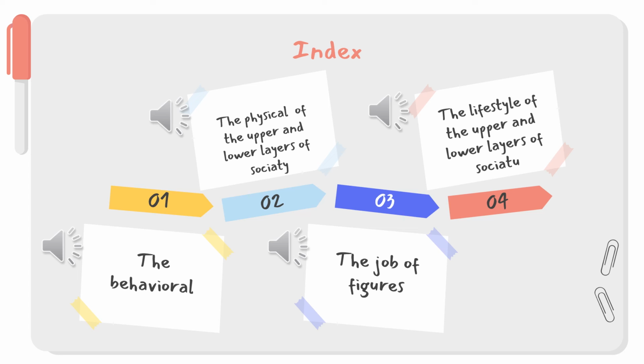The fourth is the lifestyle index of the upper and lower layers of society. The lifestyle of the upper class community is described in figures who live in the Gedong neighborhood, which is luxury housing for high-ranking PN Timah officials. Meanwhile, the lower classes of society are represented by Muhammadiyah school children.